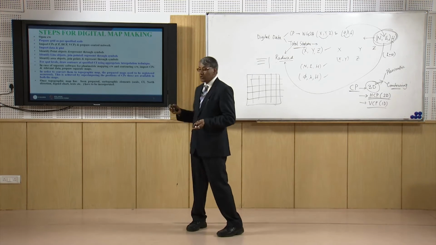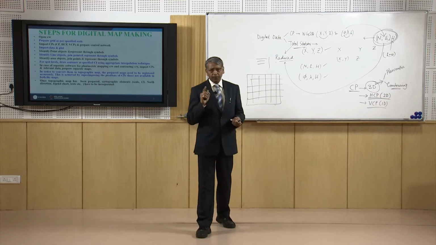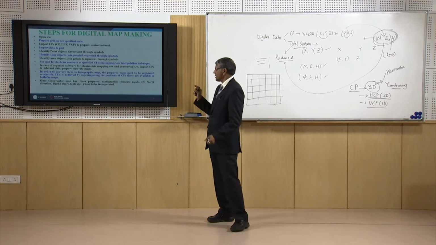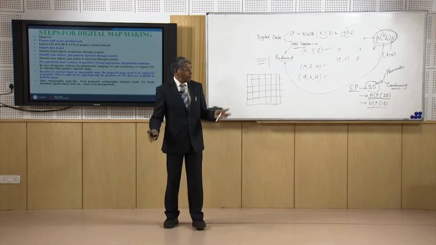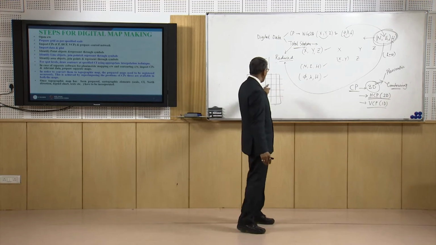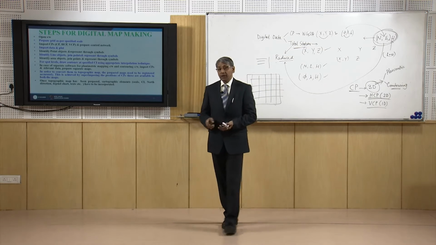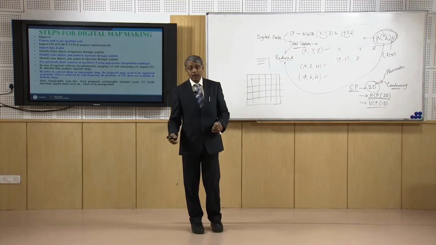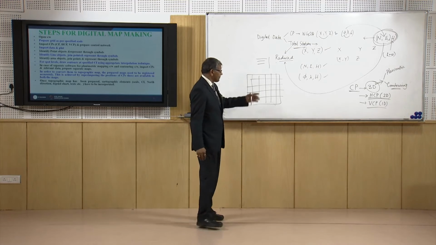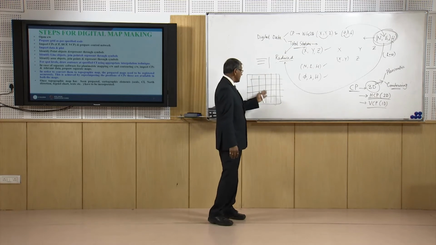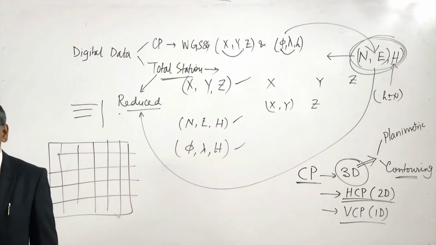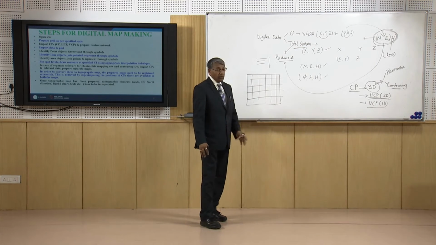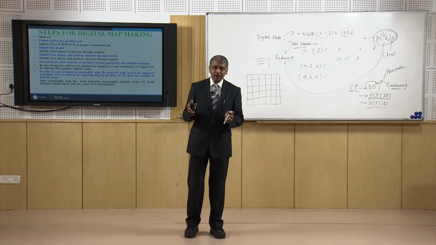Then we can select the appropriate command to plot the control points on the grid already prepared in the desired scale. As a result, we will get a network of control points in the grid which represents the control points in the field.